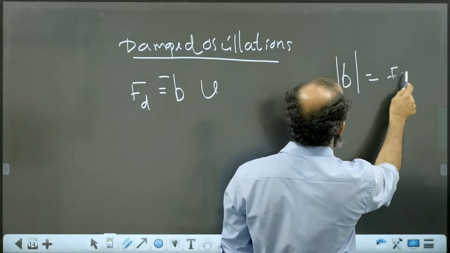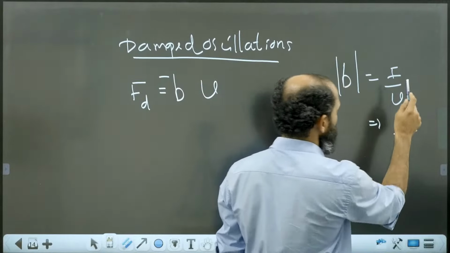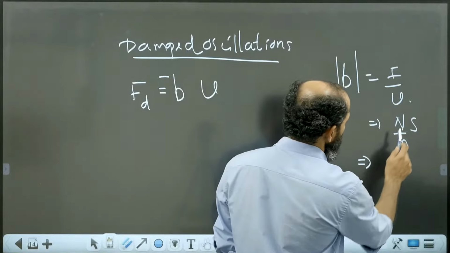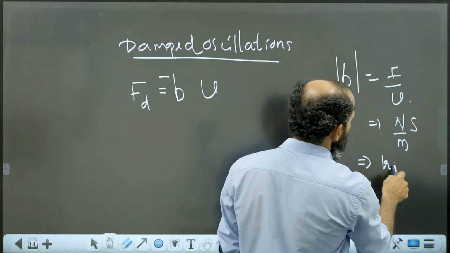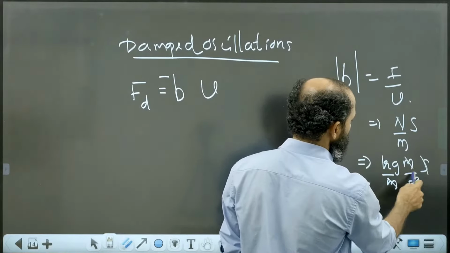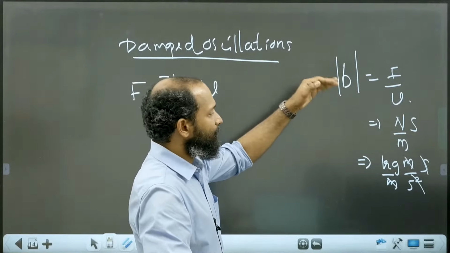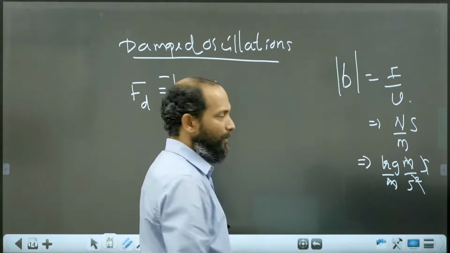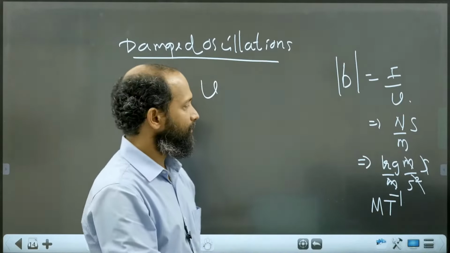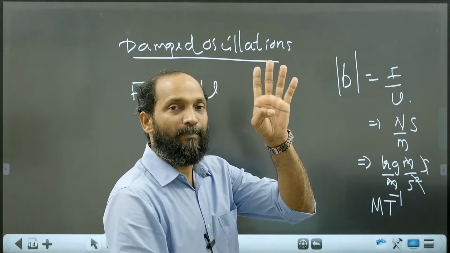Unit of damping coefficient is what? Newton divided by meter per second, that is Newton second per meter. Newton means kilogram meter per second square. Meter cancels, second cancels. So dimension of damping coefficient is kilogram per second. It's a very popular dimension. That is MT raised to minus 1. MT minus 1 is damping coefficient.